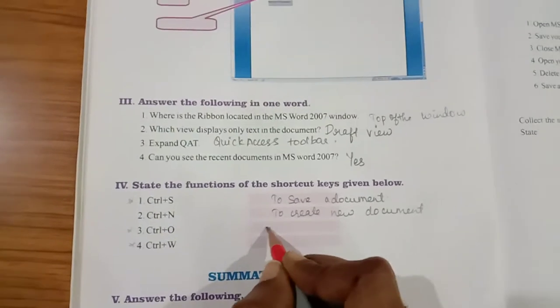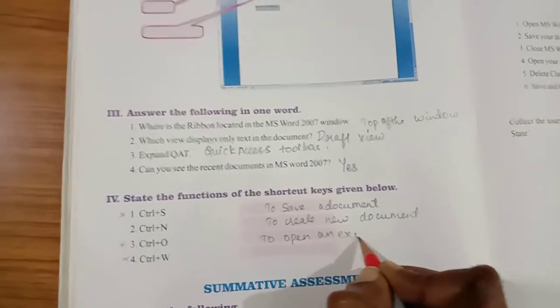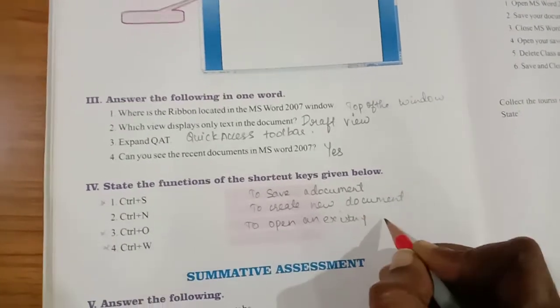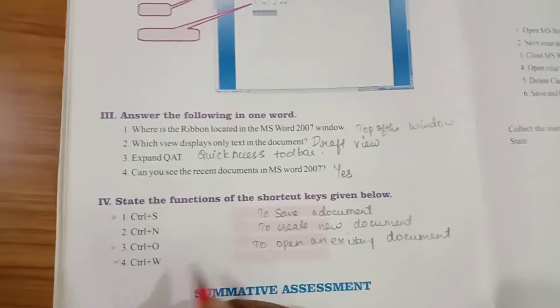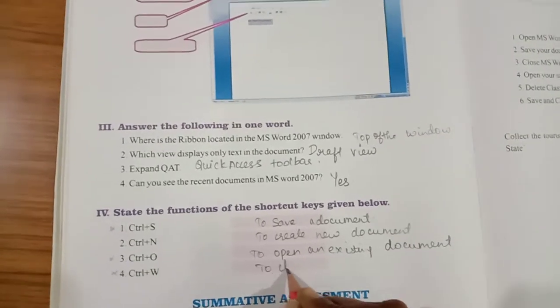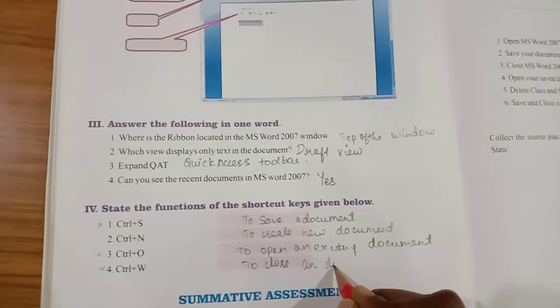Ctrl+O, to open an existing document. Ctrl+W, to close a document.